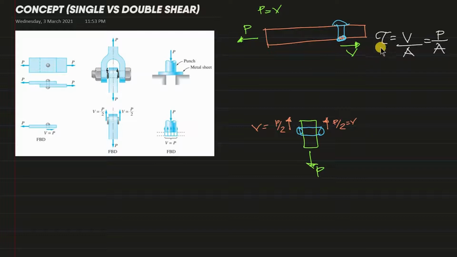Ngayon, paano natin isosolve yung ating shearing stress? To solve for our shearing stress, mag-analyze tayo dito, mga bis, no? Dito, mga bis, we have V, which is P over 2, divided by our cross-sectional area. Ito yung area ng ating bolt, yung cross-section niya.